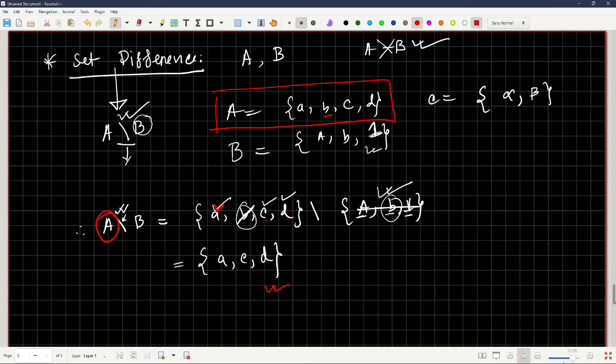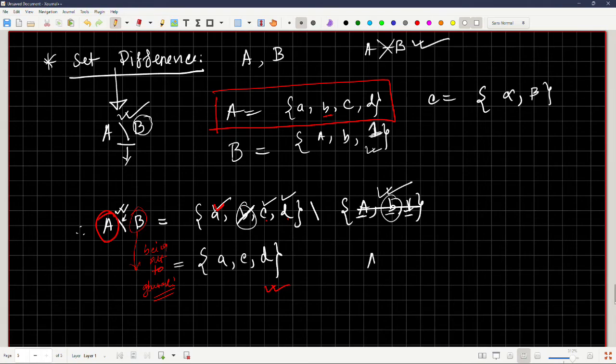B is just being put to garbage. You are basically dumping B, removing everything inside B, and checking whether A and B have anything in common, and if they do, you remove that too. That's how set difference works. Is that okay?